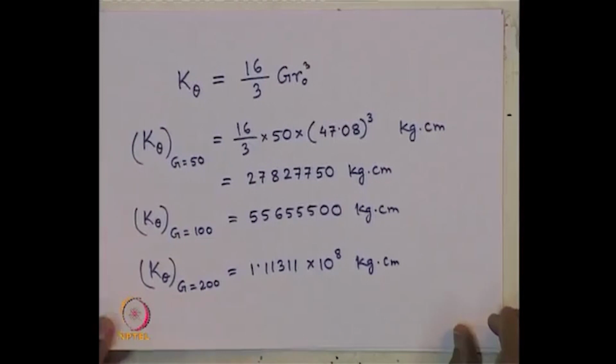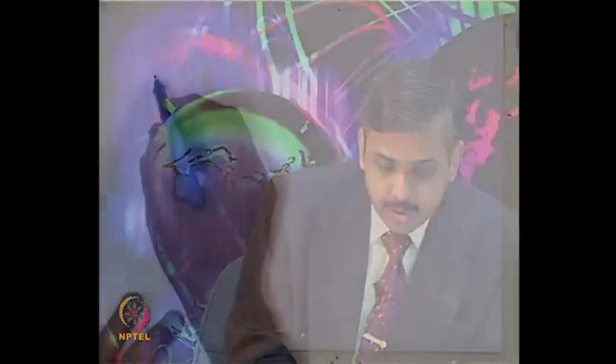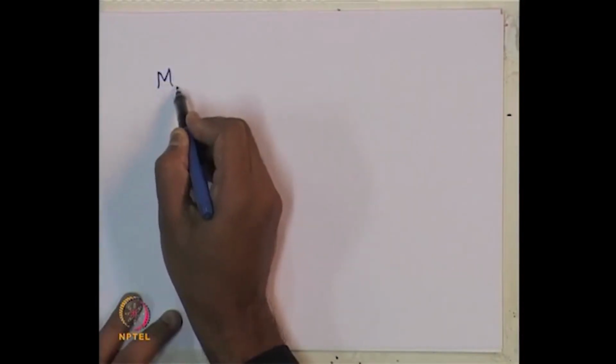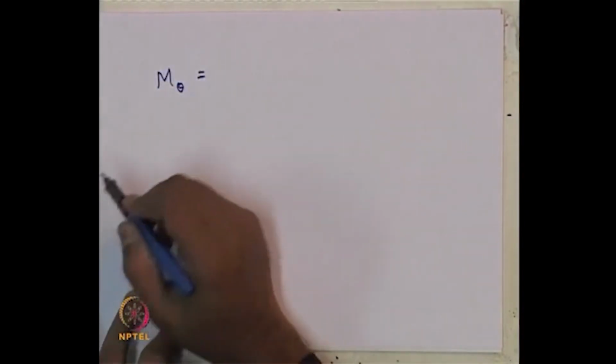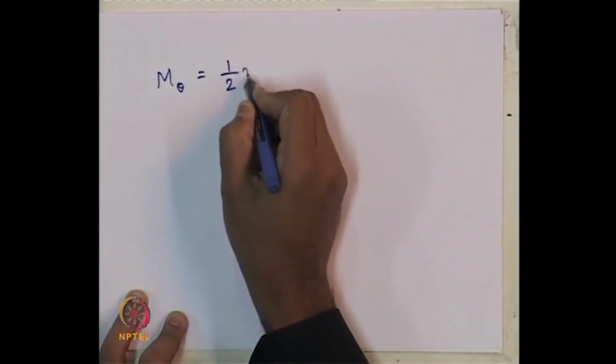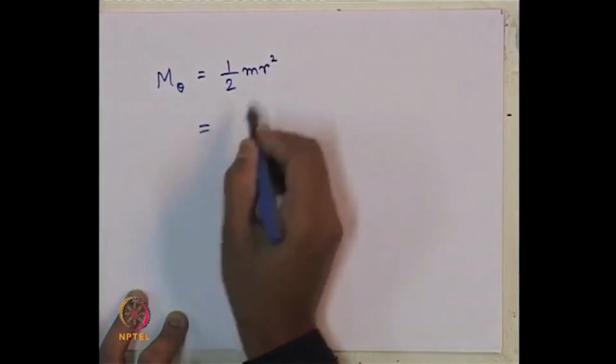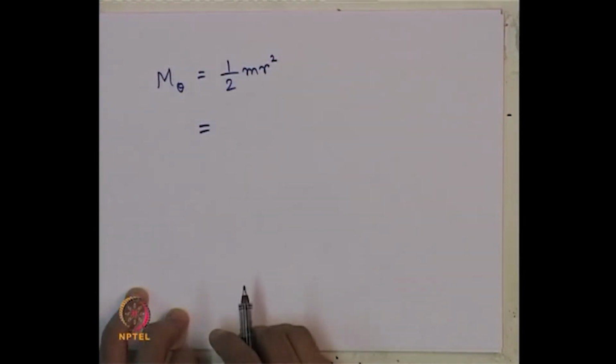And how to calculate the mass moment of inertia? Next step is to calculate the mass moment of inertia, so that we can calculate the natural frequency of the system. So, mass moment of inertia m theta for this torsional mode or yawing mode is given by half m r square. For a circular disc, the torsional mass moment of inertia is given by half m r square, right? We know this.